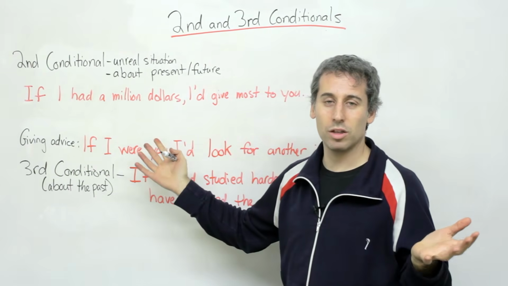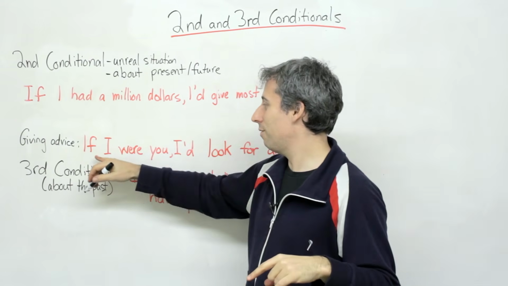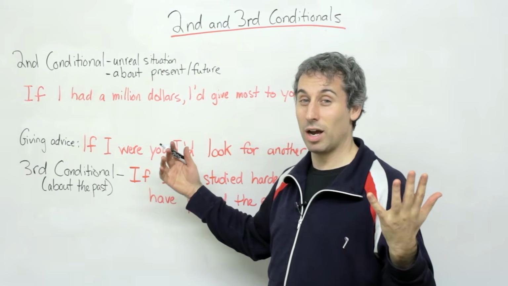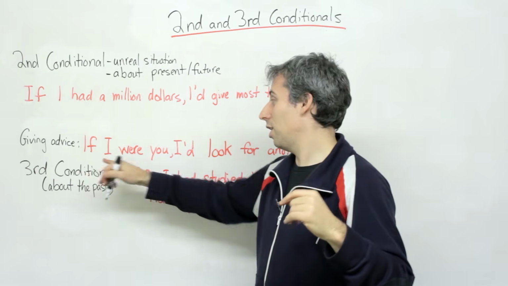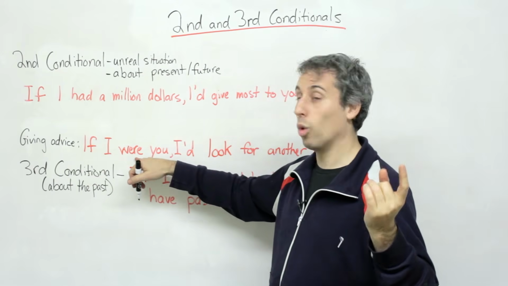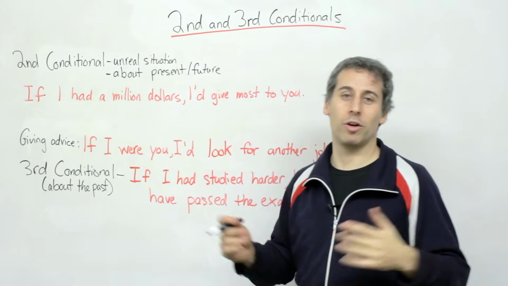The other thing, which is pretty common for the second conditional structure, is for giving advice. If you want to give a suggestion to someone, you can say, if I were you, I would look for another job, for example.